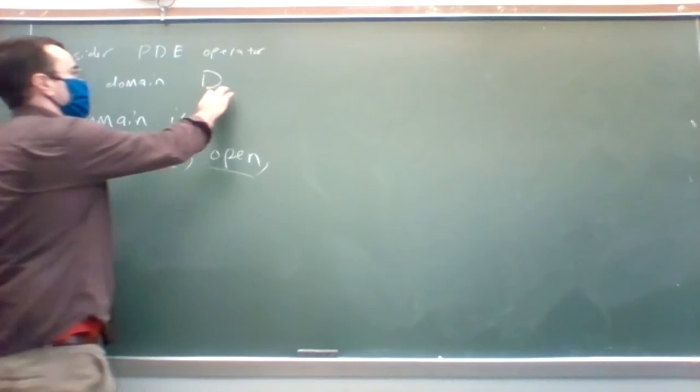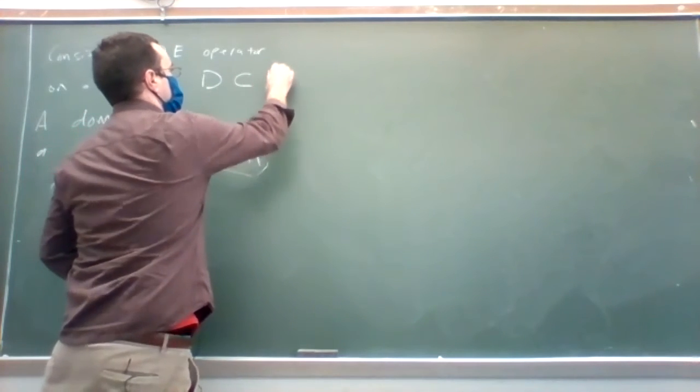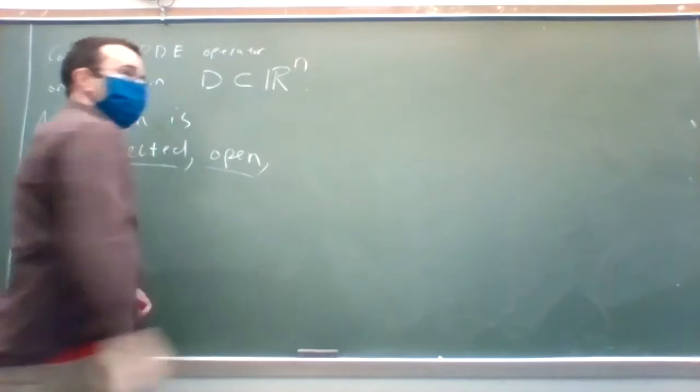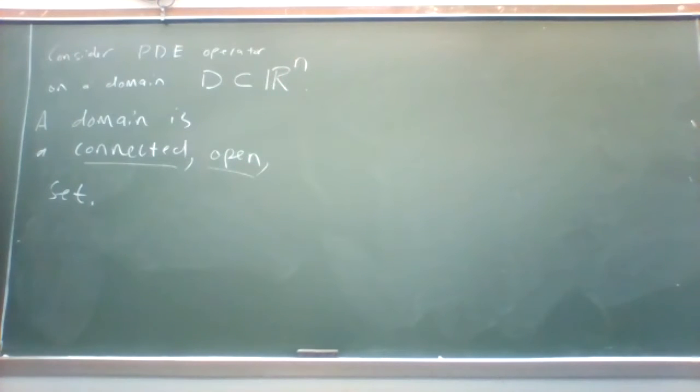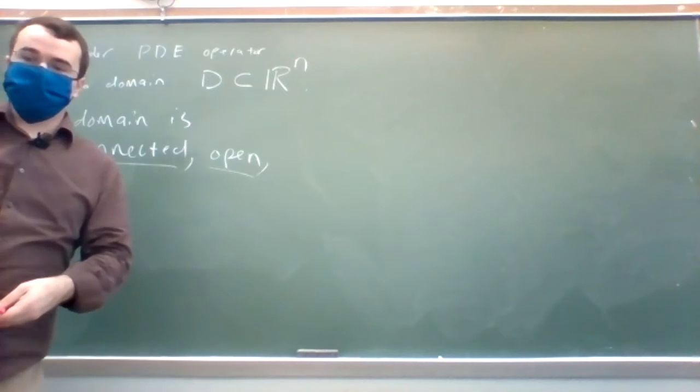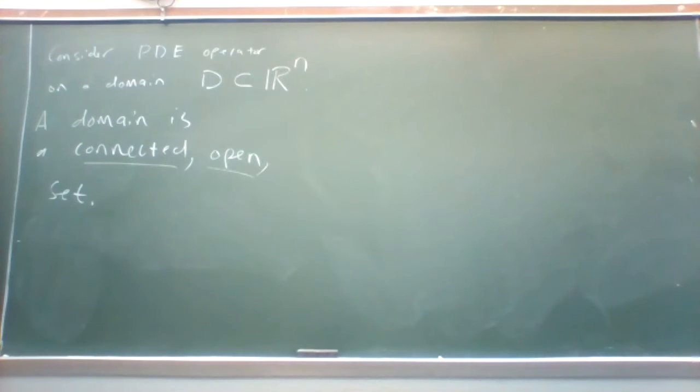And these domains, they're always going to be subsets of Rn. In many of our examples, it'll be R2, R3. You've already seen the upper half plane is an example of a domain. It's a connected open set. Certainly the interior of a disk or a ball is sort of like the most basic domain you can have, but there's many, many other wild examples.